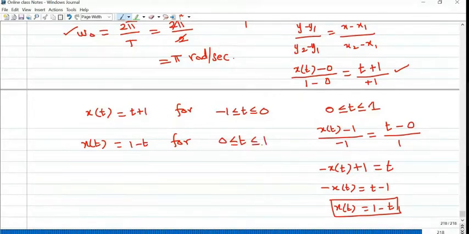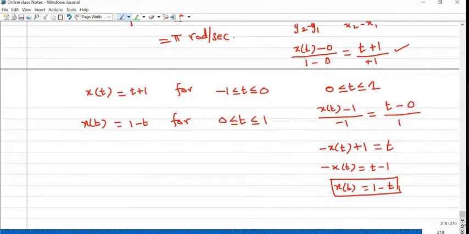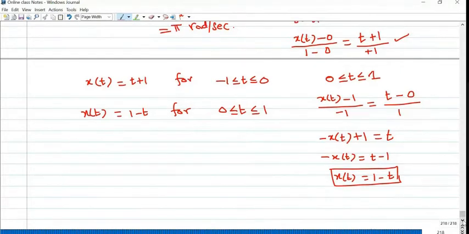So we have solved 3 different types of problems. One is a standard sinusoidal signal or standard cosine waveform, where you use A cos omega naught t or A sine omega naught t. The second type of signal has some constant DC value, so you can write the mathematical expression for the given signal easily. And the third type is where a slope is given for each time interval.